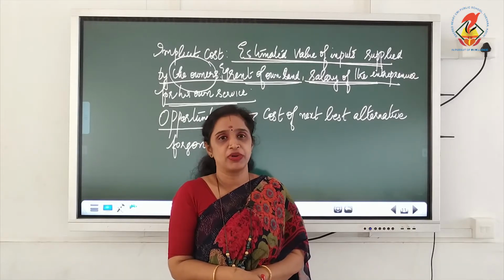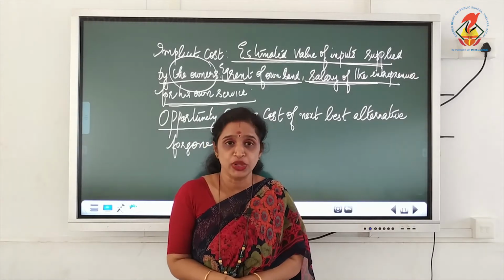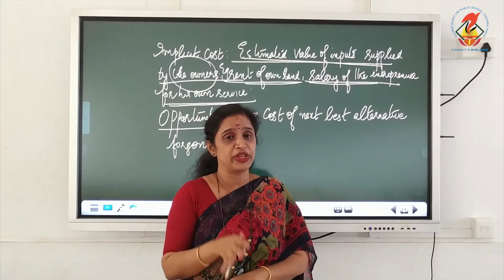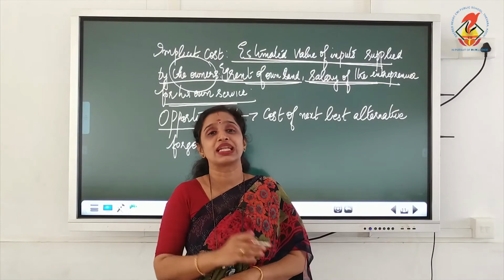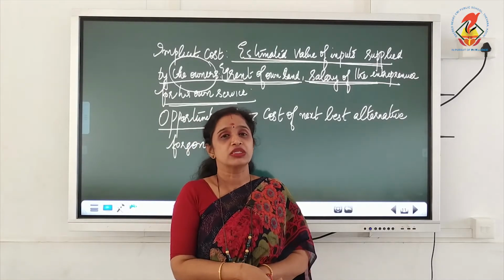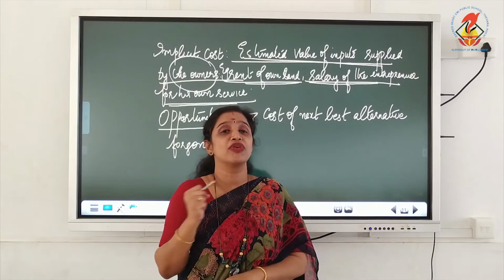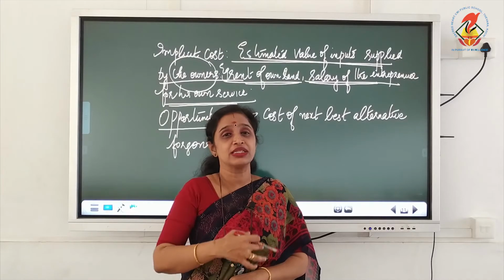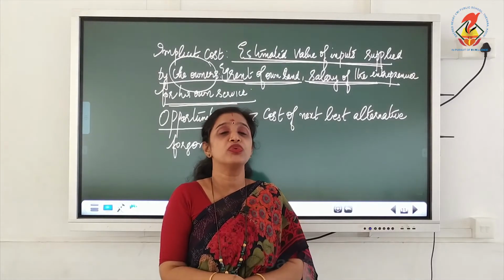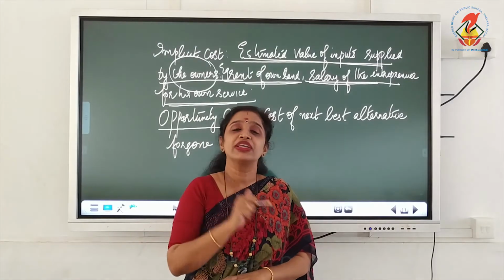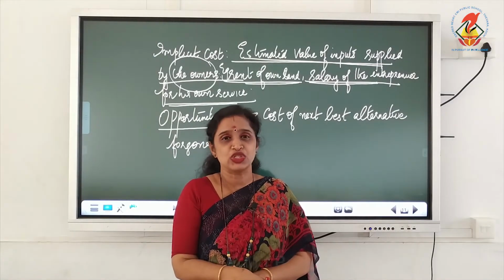Now, for example, a farmer has to produce two food grains in his farm, that is, one is wheat and the other one is rice. Now, he has decided to produce a certain amount of rice and a certain amount of wheat in his farm. But at last, he has changed his decision to produce only wheat in his farm. That means he is sacrificing the cultivation of rice.